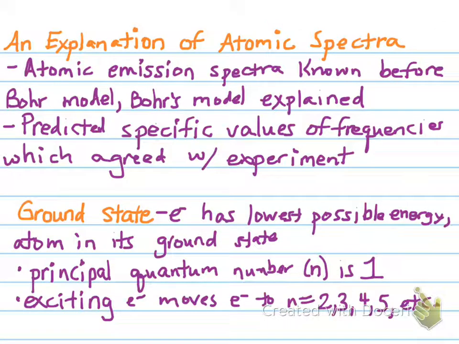So an explanation of atomic spectra. The atomic emission spectra was known before Bohr's model explained it. It predicted specific values of frequencies which agreed with experiments. In the ground state, the electron has the lowest possible energy. We say the atom's in its ground state.